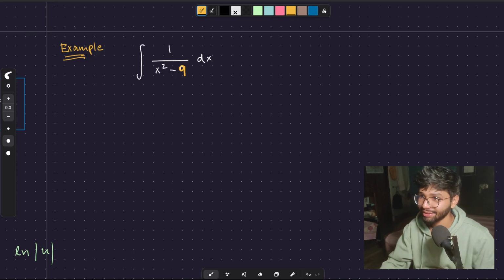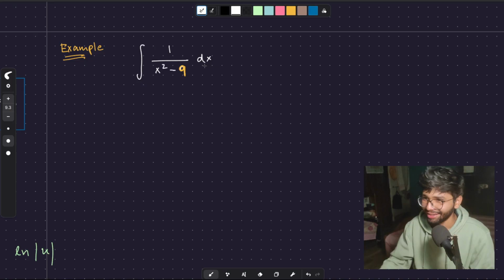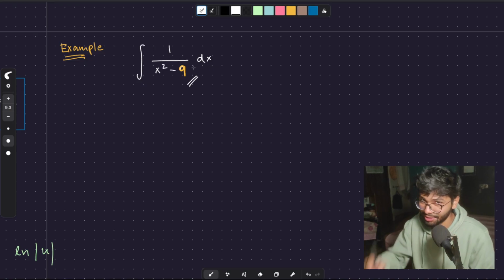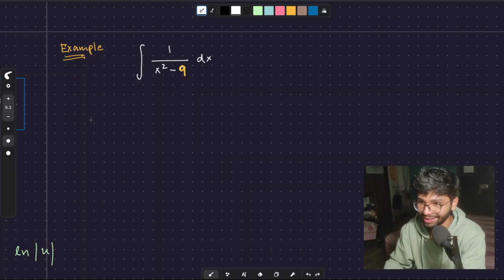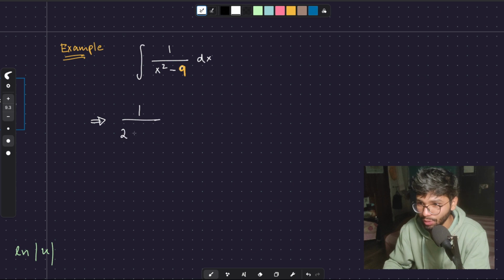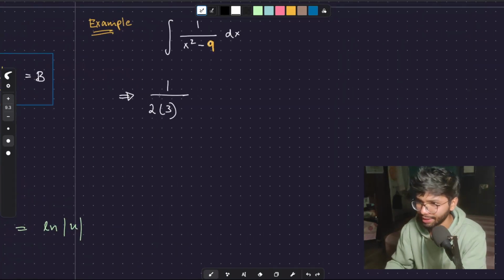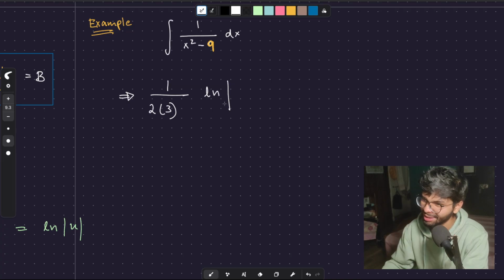The example. It's so simple. A is the square root of 9, which is 3. So just putting in the formula, 1 over 2a, which is going to be 3, because this is being squared, right? So 3 natural log of, what did we have again?